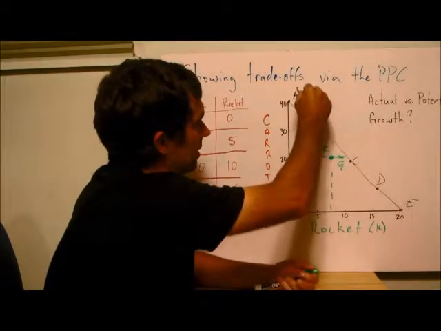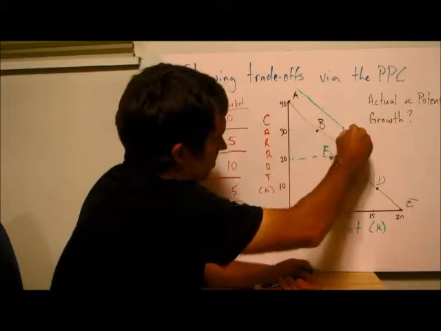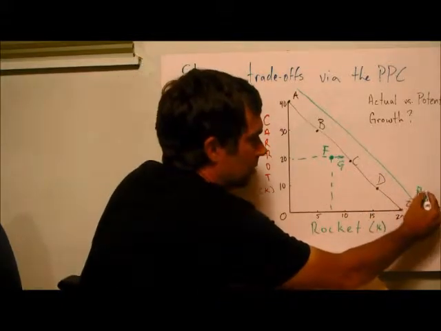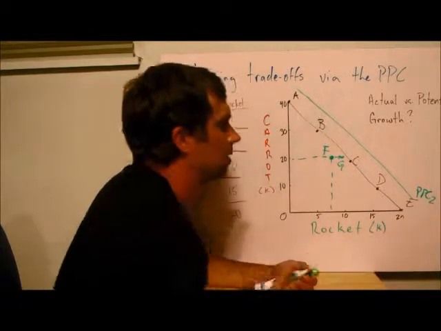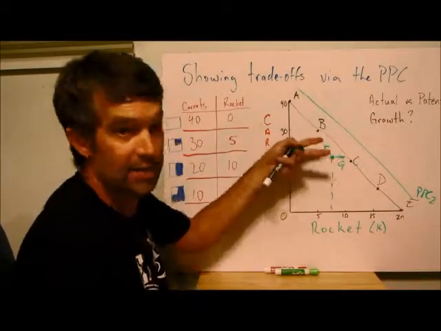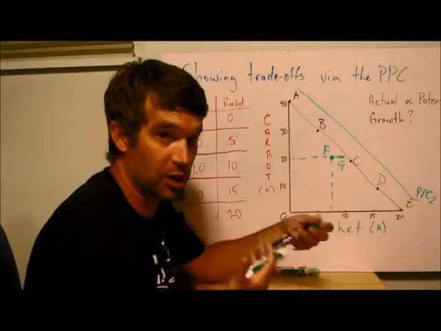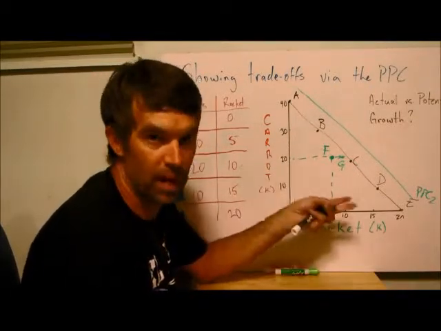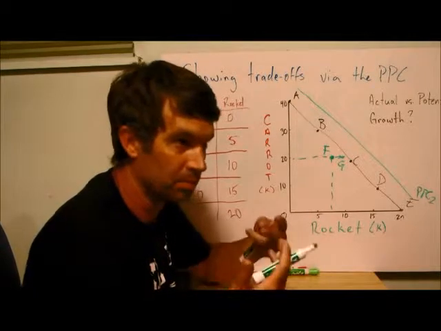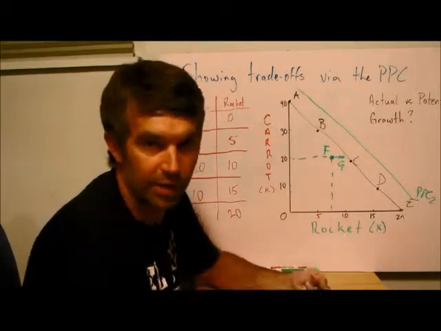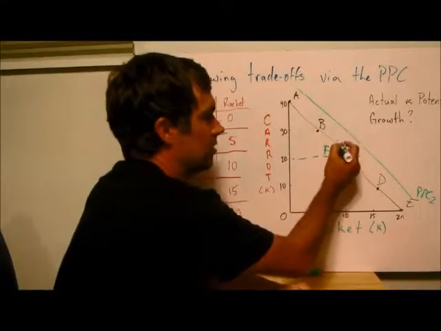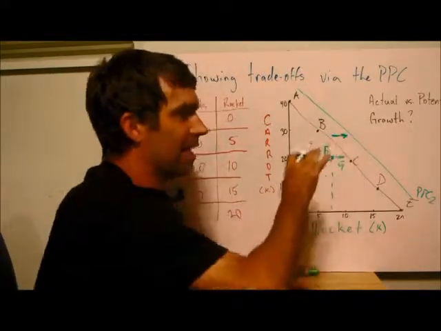So if we had a PPC that looked like this, and now we would call that PPC2, that whole line is saying this is more production. Our potential has increased. So maybe it's fertilizer, maybe it's a better method, maybe it's a new tractor that plows the fields better. I don't know. Maybe it's better management techniques. But something has changed and it has shifted the PPC curve that way.